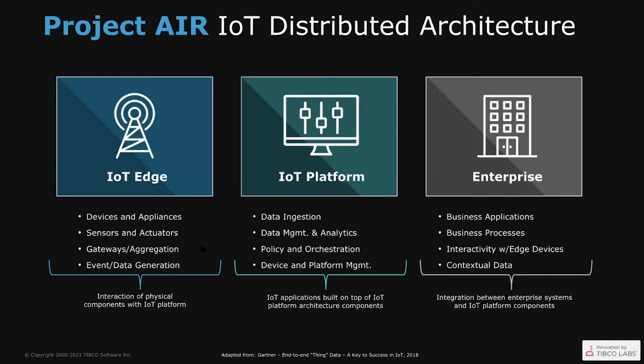And then in the middle, we have the IoT platform that we provided with Project AIR. Some of the components of this platform run at the edge, and some of the components run in the cloud or on premise or wherever is required. Actually, everything can be running at the edge, or everything can be run at the cloud. It just depends on the scenarios.